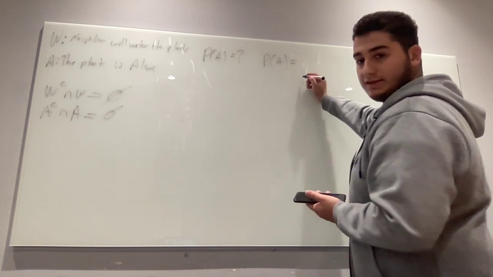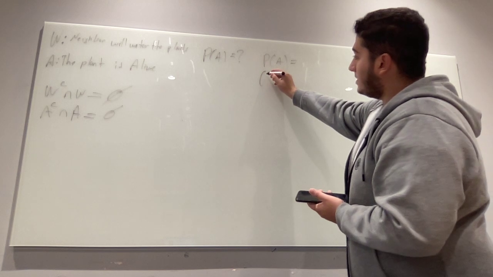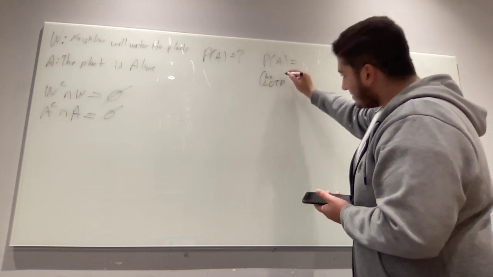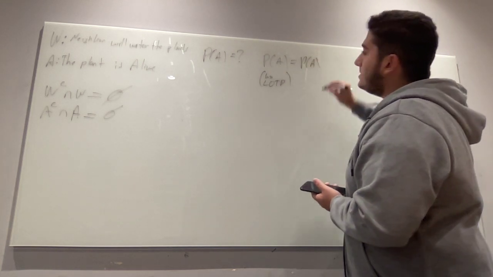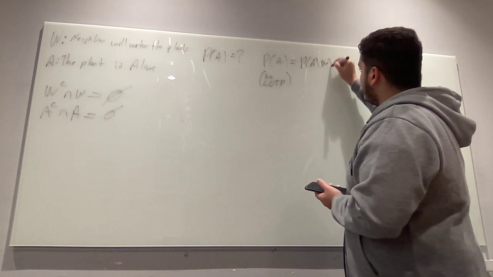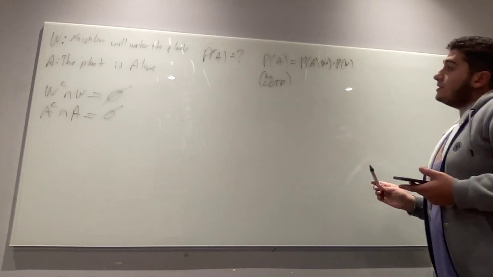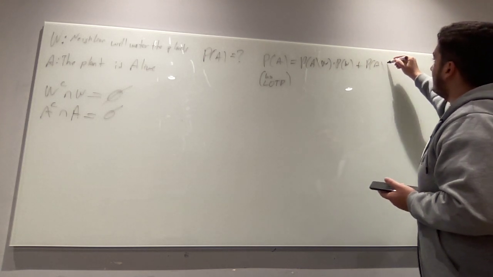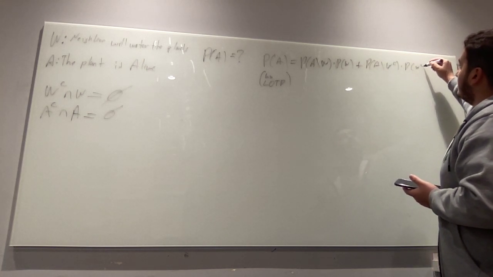So probability A is equal, by law of total probability, to probability A given W times probability W plus probability A given W complement times probability W complement.